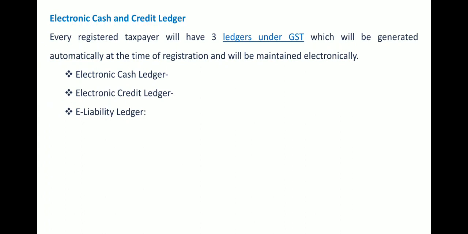See, every registered taxpayer will have 3 ledgers under GST. Only registered taxpayers, not unregistered ones, will have 3 types of ledgers under goods and service tax, which will be generated automatically, electronically, at the time of registration and maintained electronically.